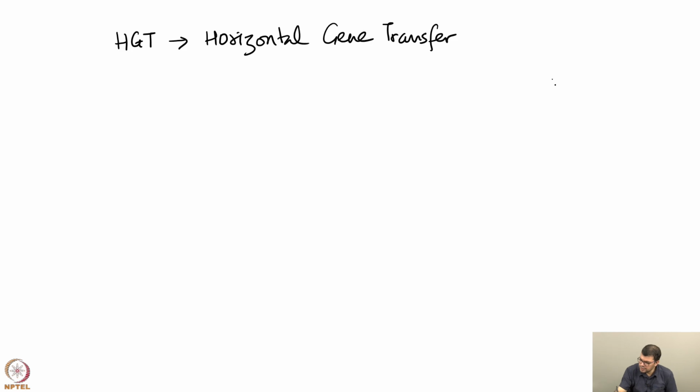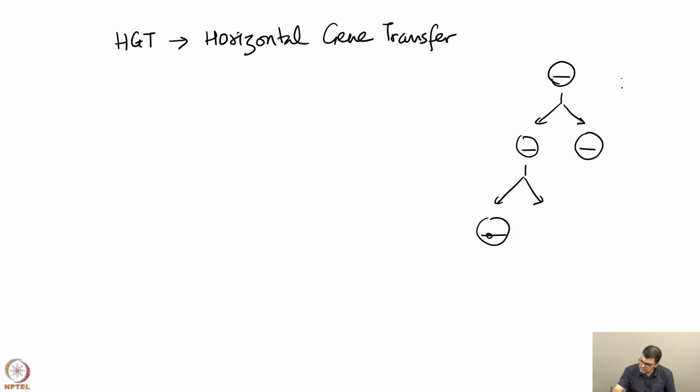The last thing that I want to discuss is the phenomenon called HGT, which is called horizontal gene transfer. The idea of evolution that we have discussed in this course is that I as an individual divide into two progeny, and if division is faithful, then the progeny have identical DNA, but then somewhere down the line one of the progeny will have a mutation.